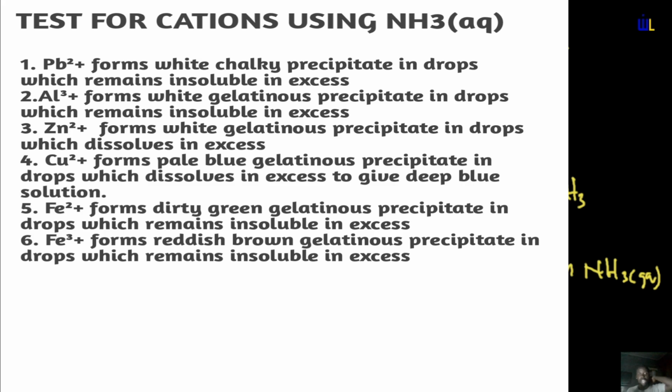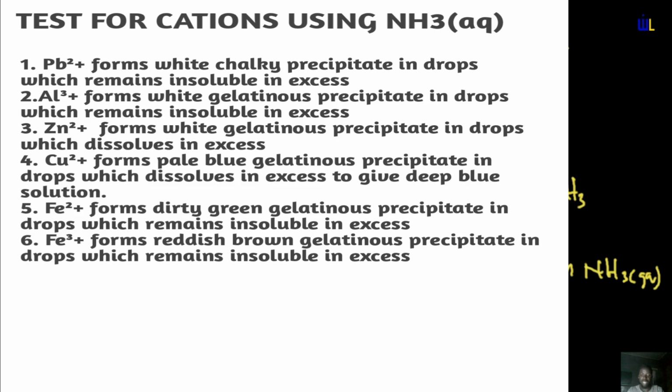Okay, so if you are dealing with Pb2+, you have a white chalky precipitate which remains insoluble in excess. If you are dealing with aluminium 3+, you have white gelatinous precipitate, and that white gelatinous precipitate will remain insoluble in excess. Why? It does not form the complexes we talked about.